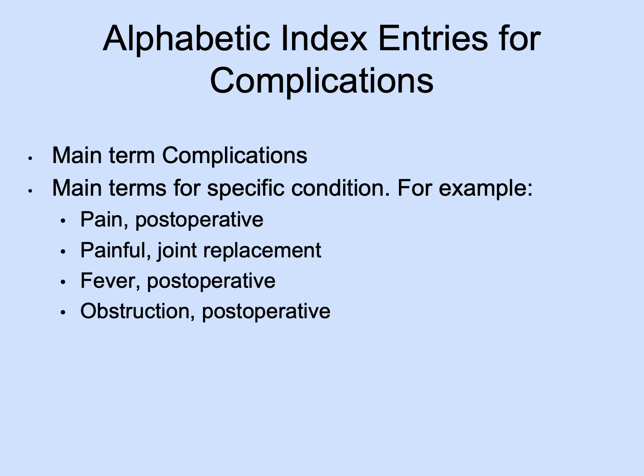Another way to find them is to look up the condition and then find terms such as postoperative, intraoperative, that will indicate that it is due to the procedure or the condition, and that will tell you that it is a complication. Pain, postoperative, painful, joint replacement, fever, postoperative, obstruction, postoperative. That tells you that it is due to the procedure.